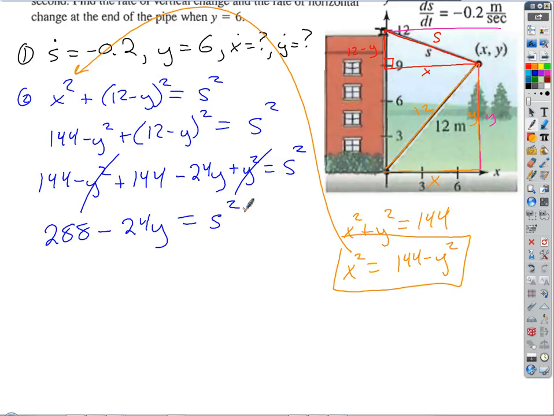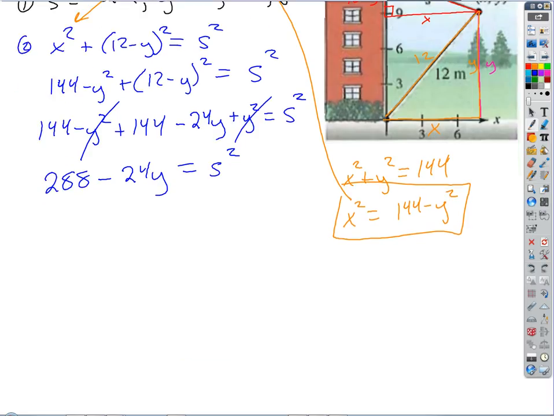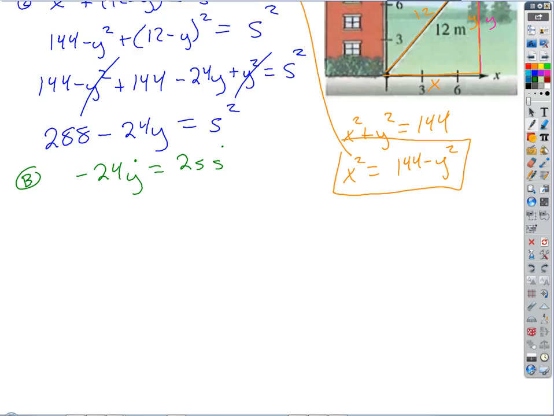I could then, okay, now what? Differentiate. Okay, so step 3, differentiate, then divide both sides by 2.